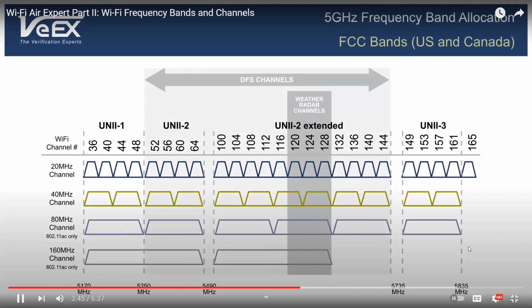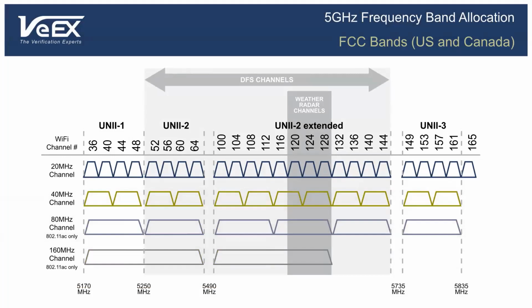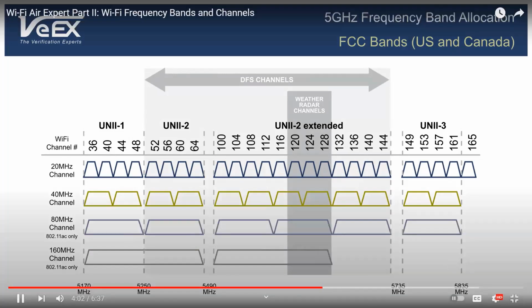DFS and TPC are designed to detect and automatically adjust Wi-Fi channels if military or weather radar systems are present in order to avoid interfering with these systems. If the DFS channels are used, the 5 GHz band offers a whopping 25 non-overlapping 20 MHz channels.